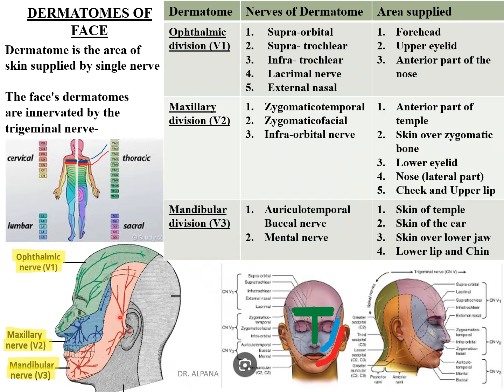This is the dermatome of mandibular nerve, which is supplied through three nerves: auriculotemporal nerve, buccal nerve, and mental nerve. And through these three nerves, the area supplied is skin of the temple, skin of the ear, skin of the lower jaw, skin of the lower lip, and chin.